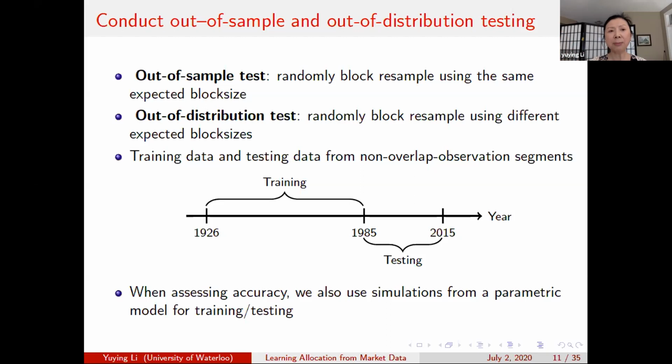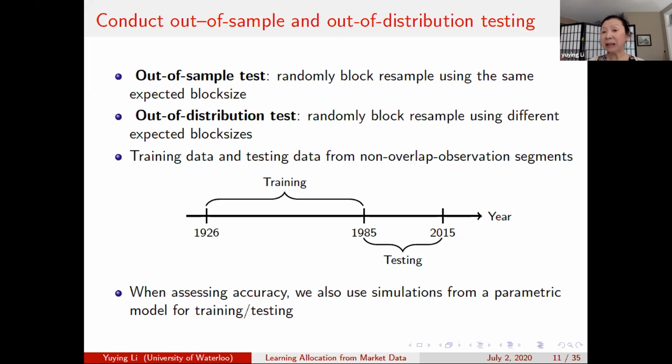So if you use the same expected block size as your training data generation, you are performing an out of sample test. And I'll give you some mathematical rationale to support that. Using this technique, I can even generate a more stringent test, if you like.